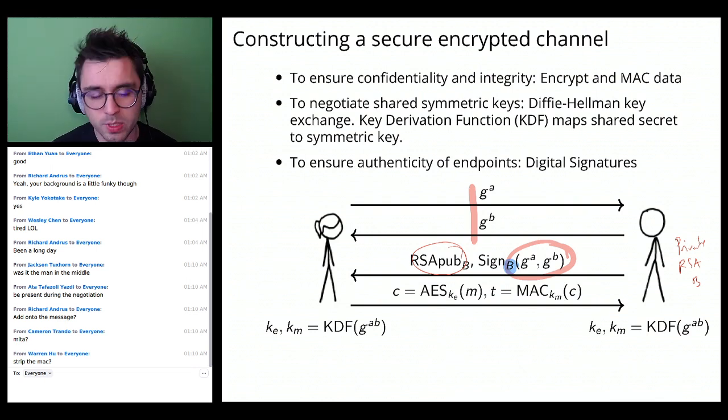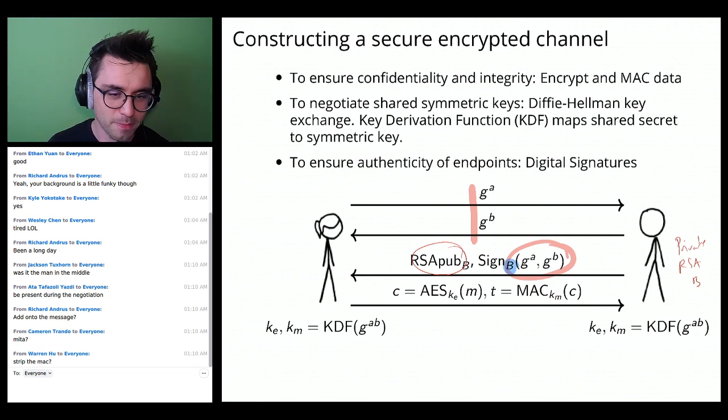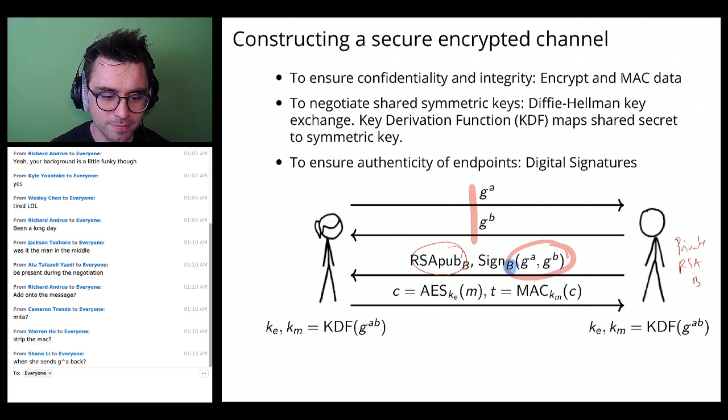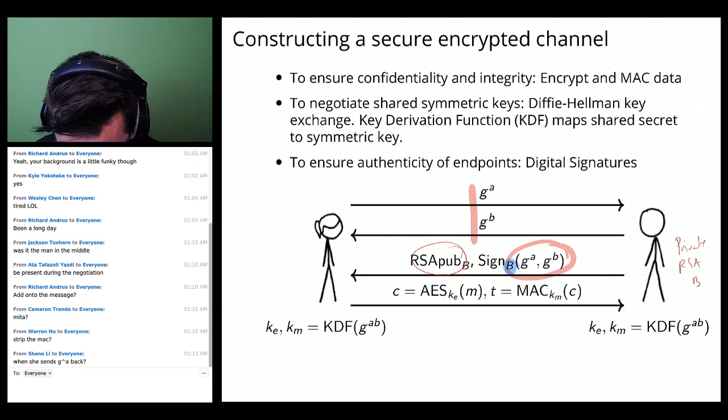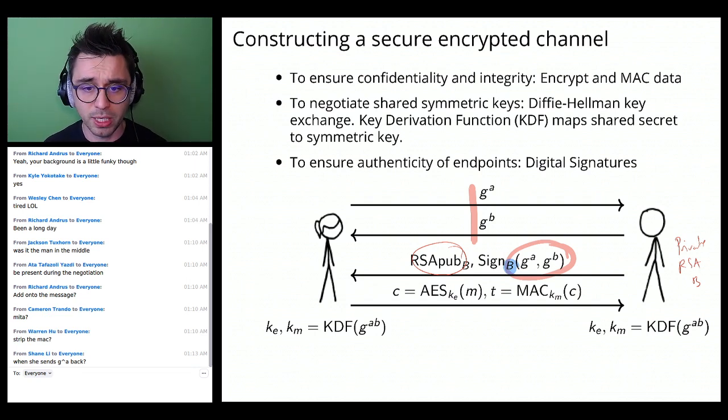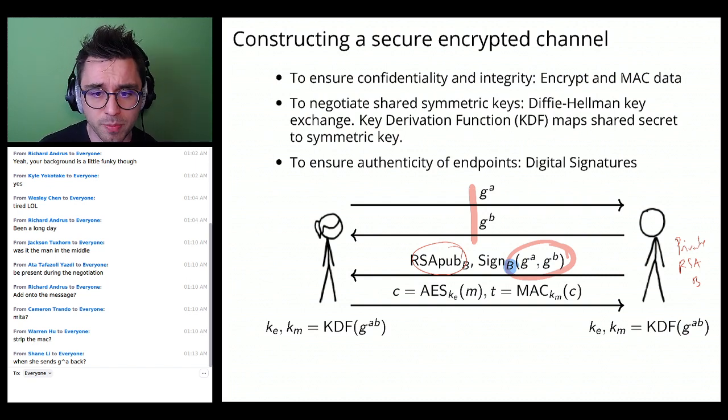Right? Now what's the problem with this? So she sends GA, she receives GB, and Bob then says, hey, okay, the thing that has been said is GAGB, right?